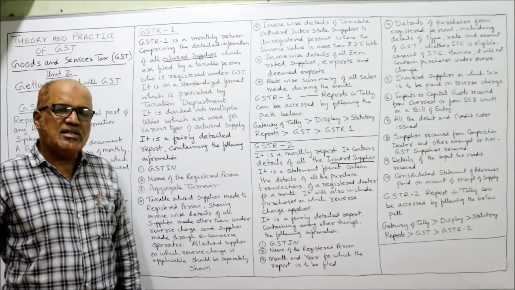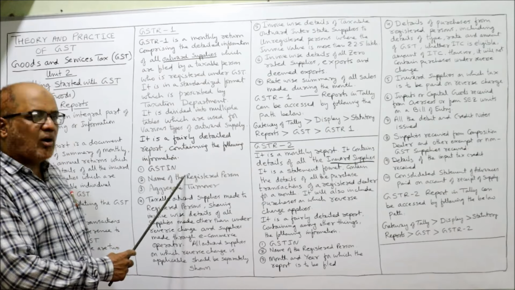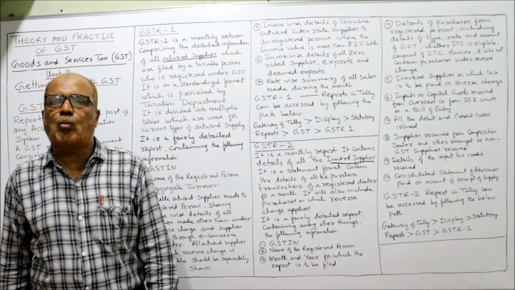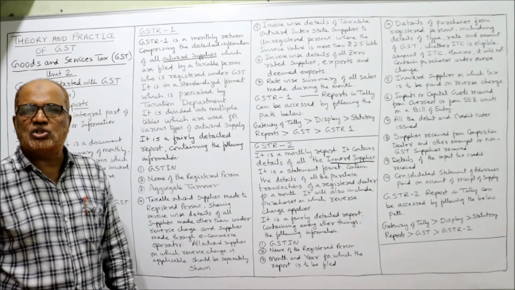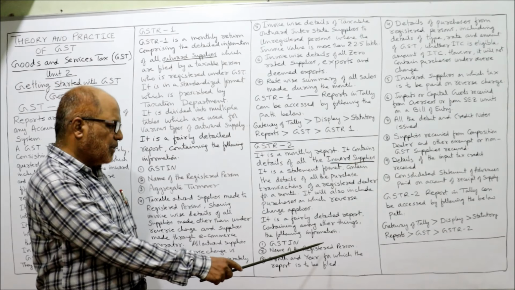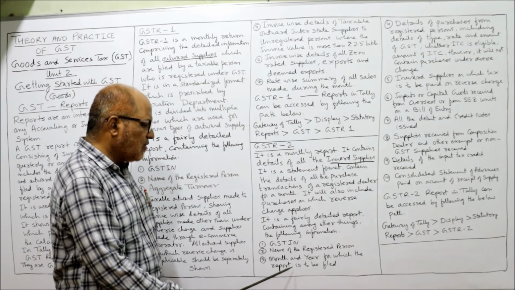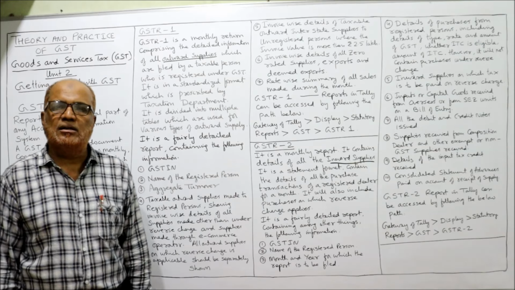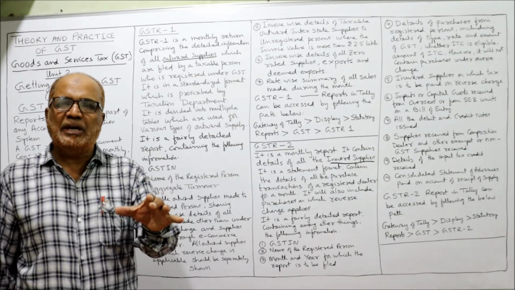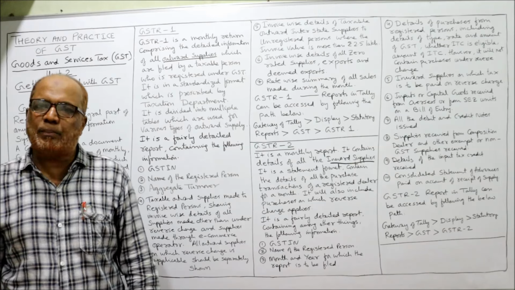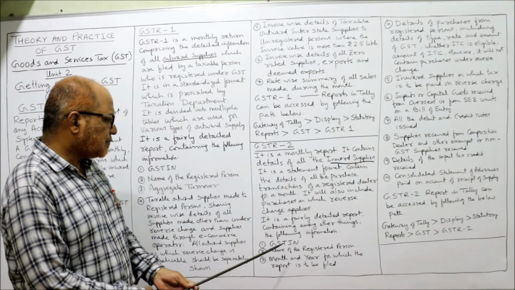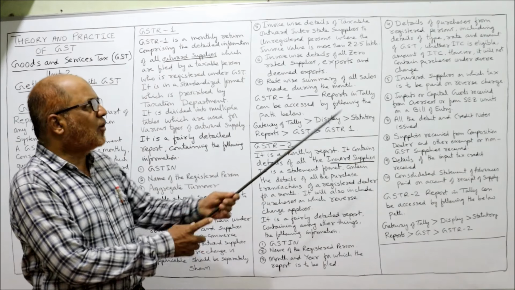Second, the name of the registered person. Exactly similar contents as in GSTR 1. Thirdly, the month and year for which the report is to be made, that is, the period for which this GSTR 2 is prepared.